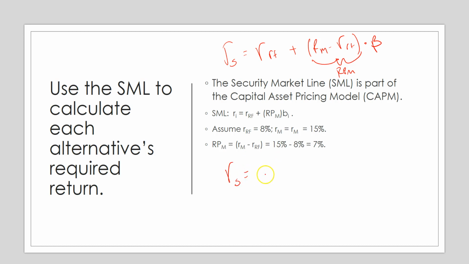The risk-free rate of return is 8% plus the market return of 15% minus the risk-free rate of 8% times beta. And our beta in this example was 1.29 for Alta.